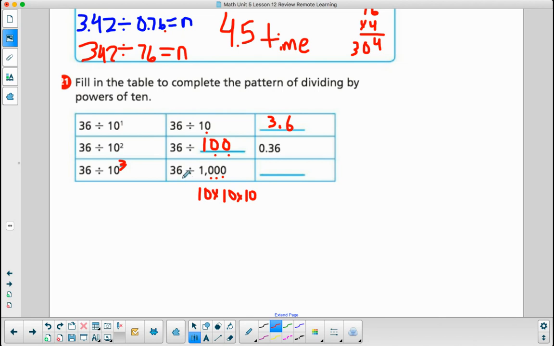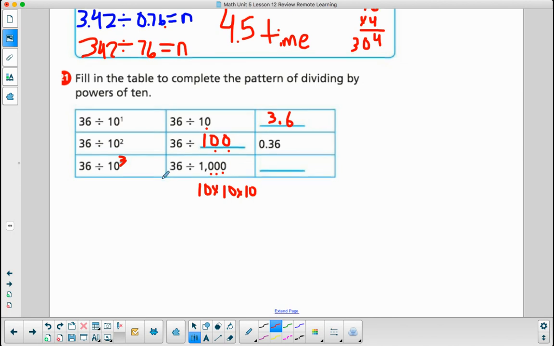Now, that means to shift the digits 3 places to the right, or the decimal 1, 2, 3 to the left. If I don't have a third place, I have to attach a 0. So it's going to go decimal 0, 3, 6, and usually we would write that with a 0 in front of it.